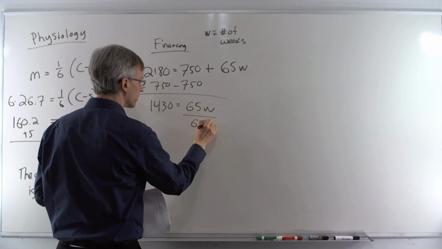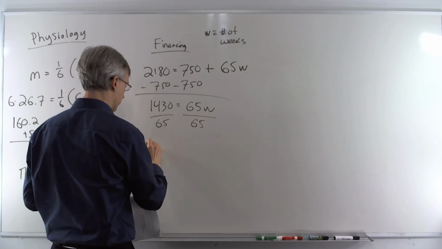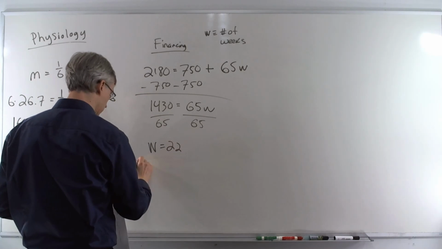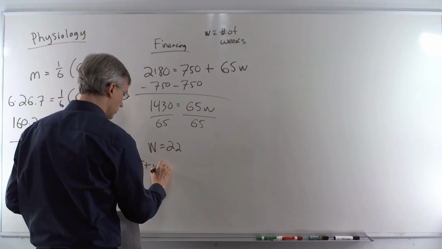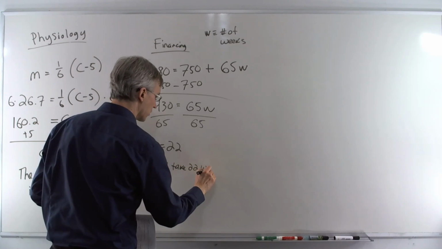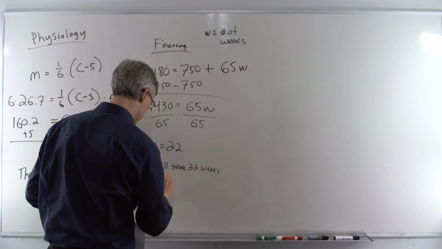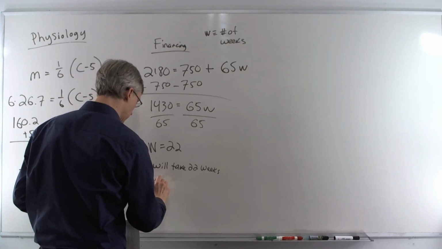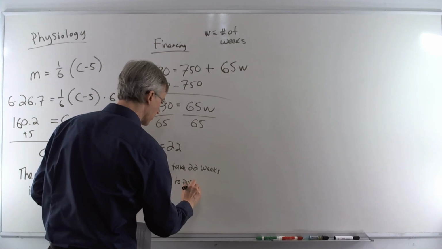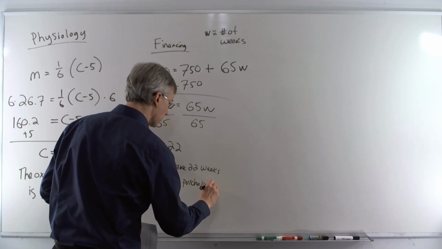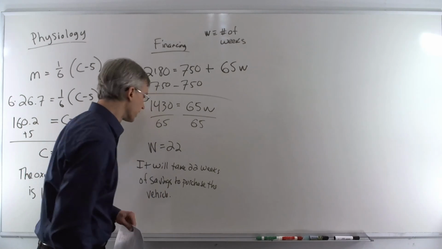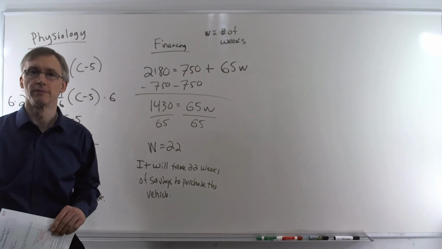Divide by the coefficient, and W equals 22. So it will take 22 weeks of savings to purchase the vehicle.